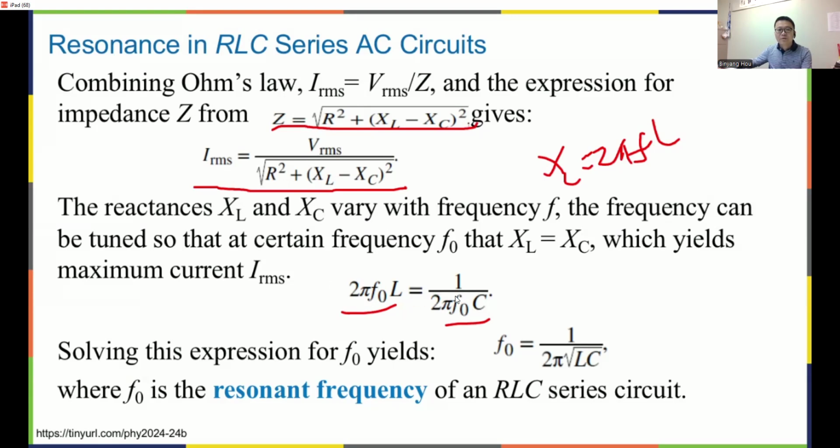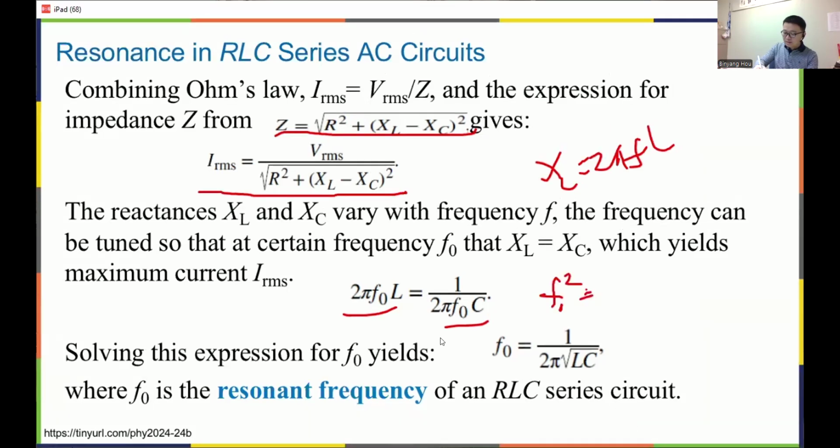Multiply both sides by F naught, then divide both sides by 2 pi L. Then you get F naught squared on the left-hand side equals 1 over (2 pi) squared times L times C. Then solve for F naught by taking the square root. The 2 pi squared cancels with the square root, leaving the square root of L times C. So this is your resonance frequency.